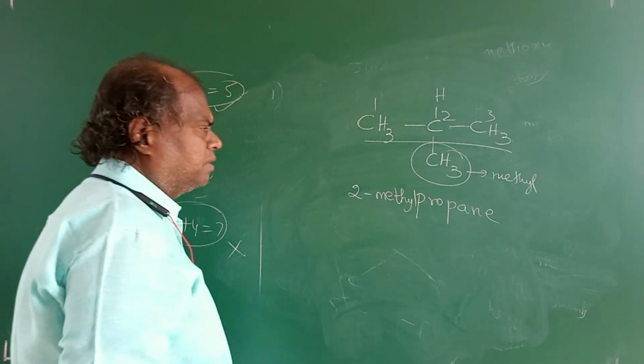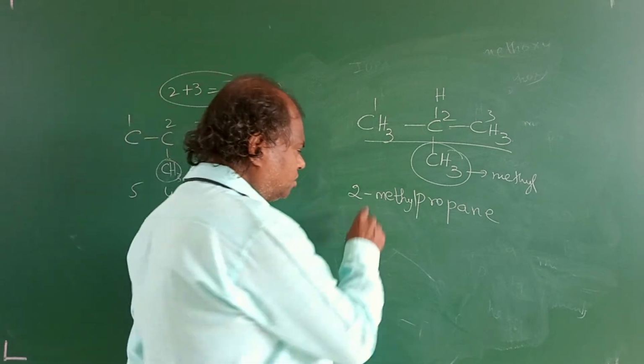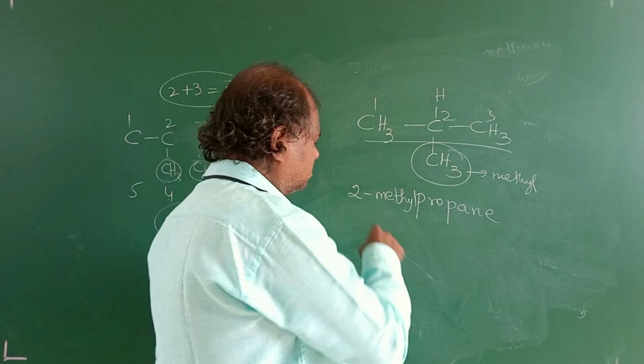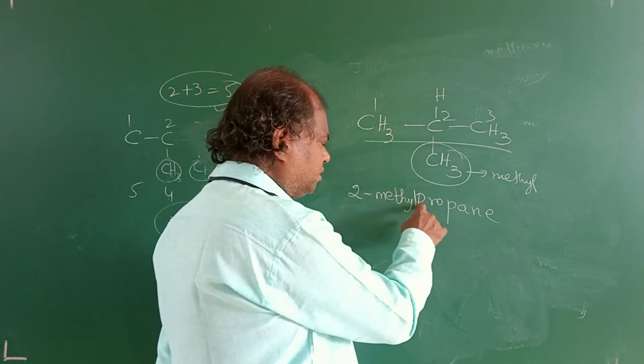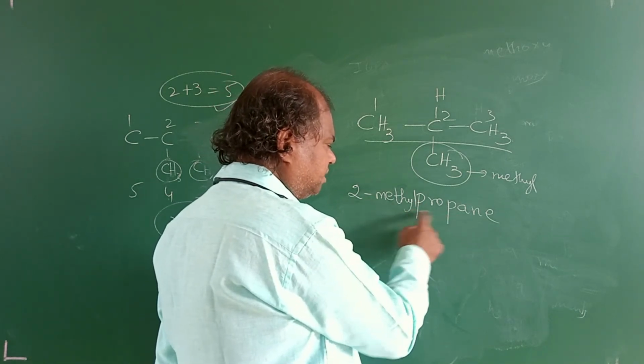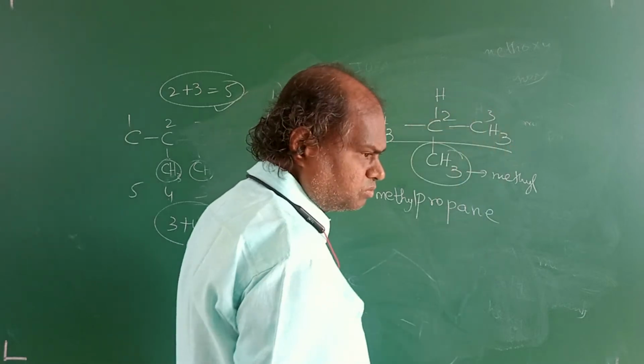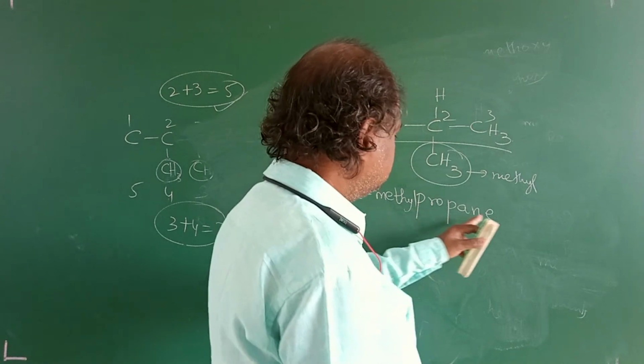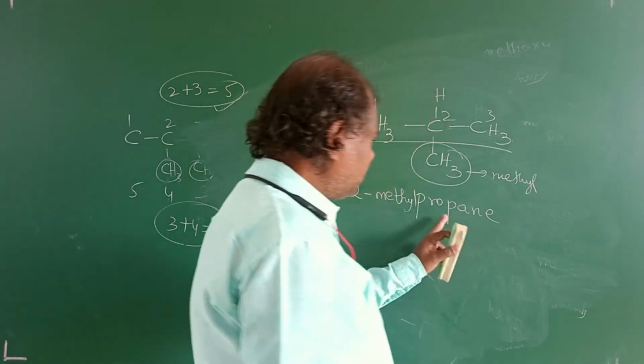2-methylpropane. Students, there should be a dash between 2 and methyl. Please remember. Small dash as I put. And there should be no gap between methyl and propane. It should be continuous. 2-methylpropane. The last ending is propane.